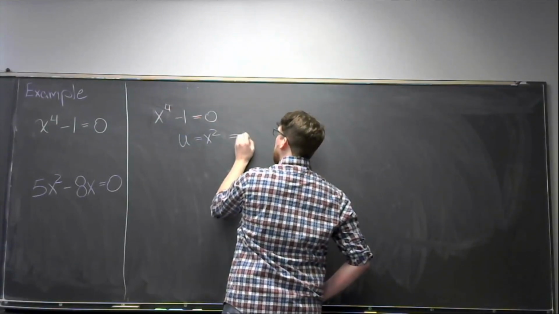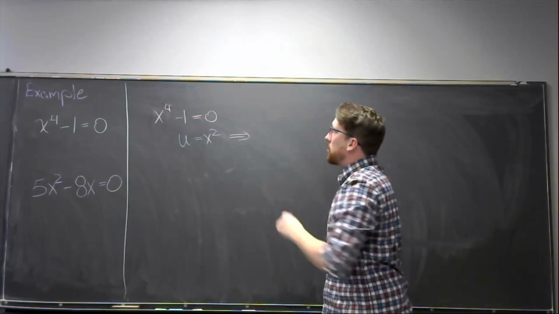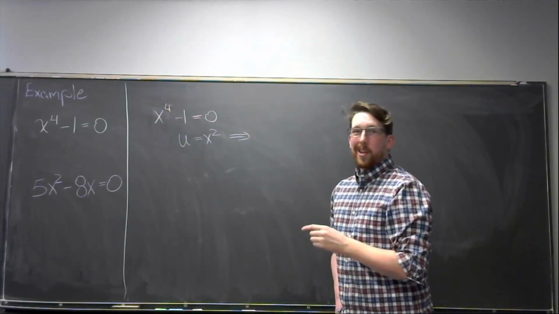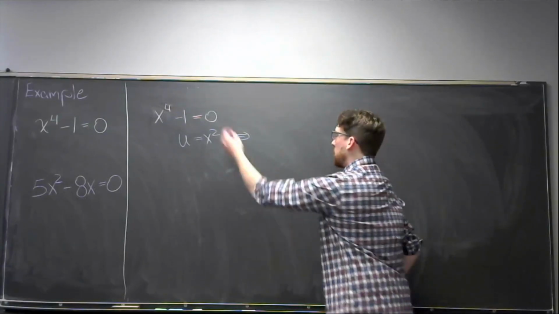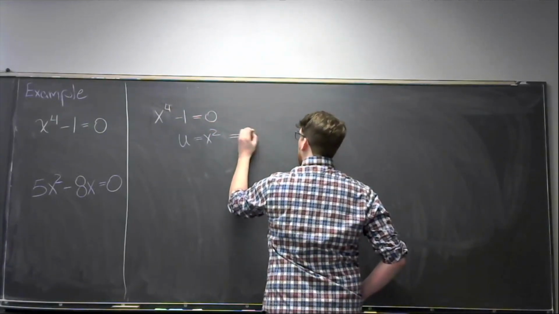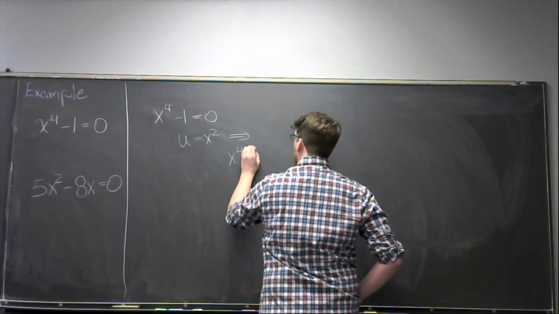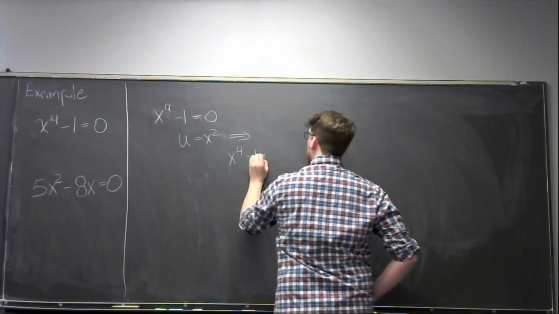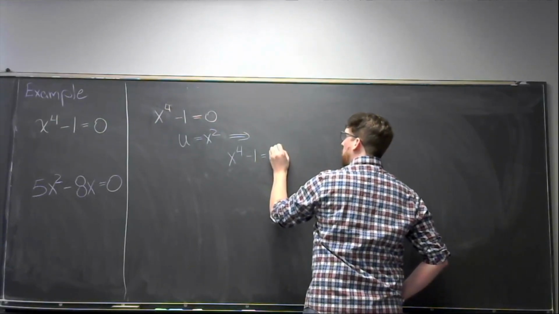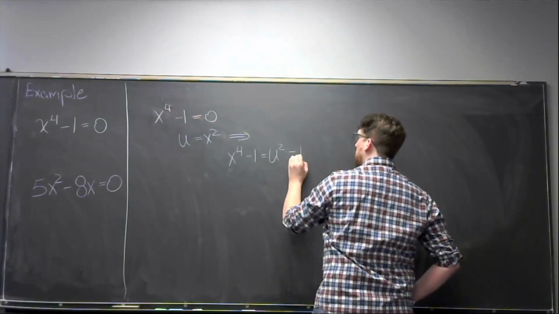Then that means x to the 4th minus 1 is equal to u squared minus 1.